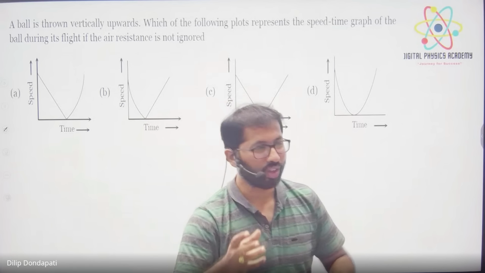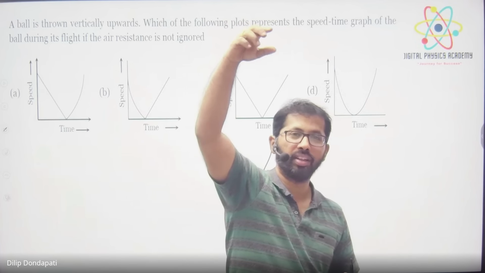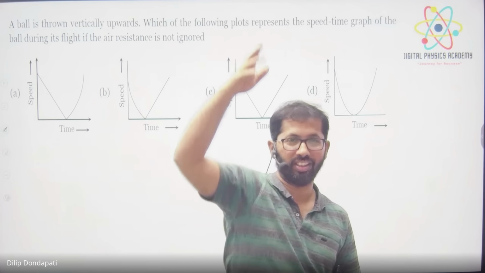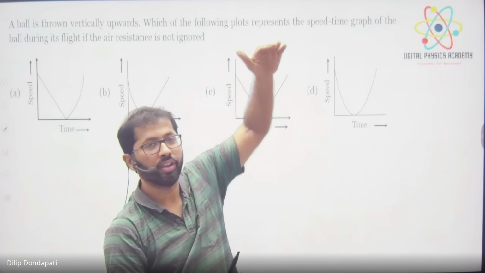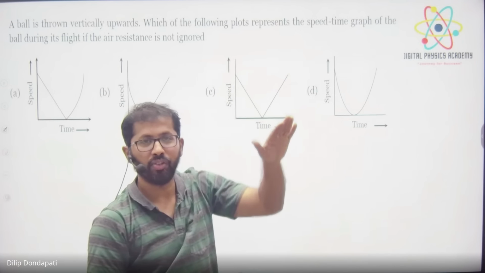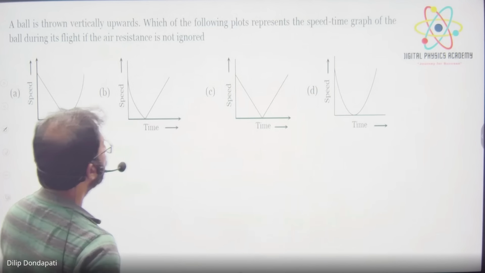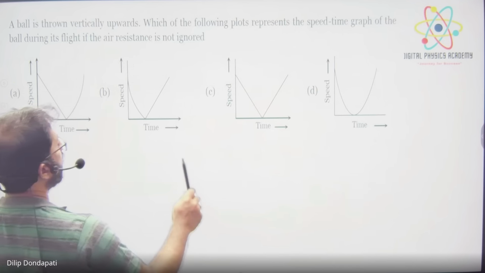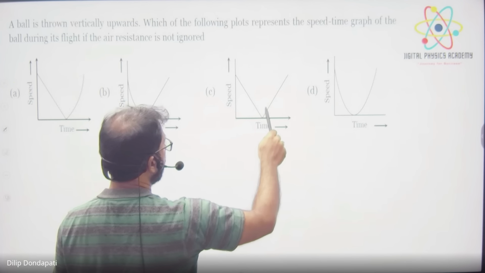See, you are throwing with 5 meters per second, it will go 5, 4, 3, 2, 1, 0, and afterwards 1, 2, 3, 4, 5. You should not say increase, it goes on decreasing. So the answer, the speed time graph will first decrease, then afterwards increase.